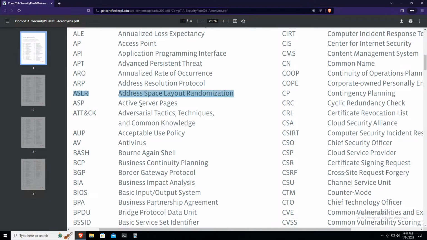ASP, active server pages. Microsoft does have a .NET version of this called ASP.NET, I believe, and essentially they were very popular back in the day.